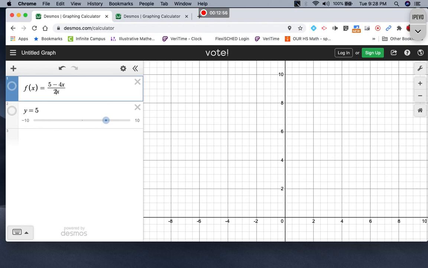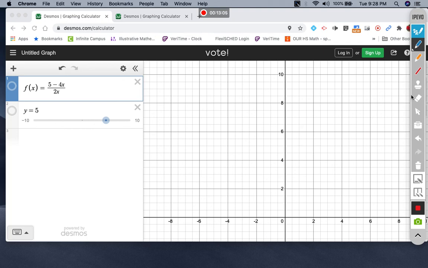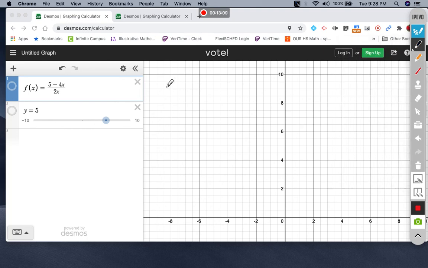And let's make this a 2x. So what do you think is going to happen here? We use that same idea. 5 minus 4x over 2x. 5 divided by 2x minus 4x divided by 2x.